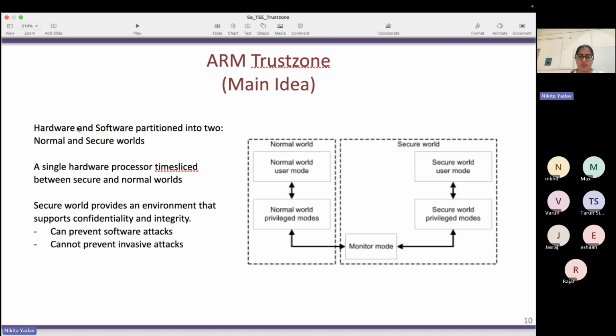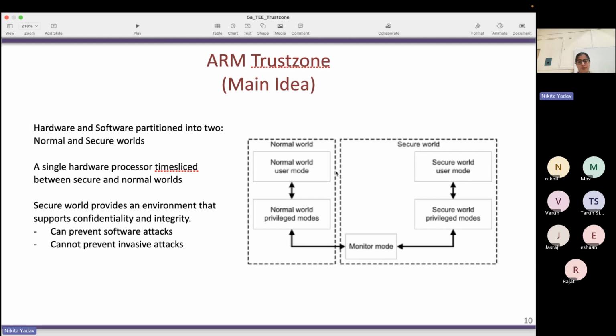That's what the monitor is doing. The monitor is the software here which is enabling the switch from normal world to secure world and vice versa.